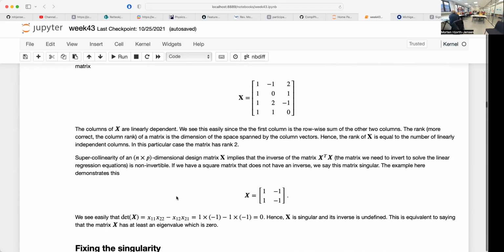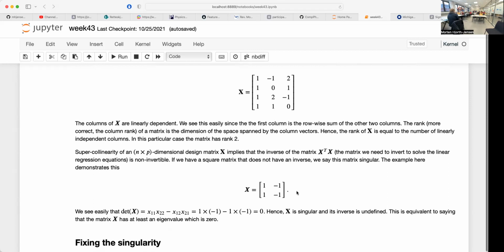If you now look at another matrix, you could add a parameter epsilon, and you would then find that the determinant is non-zero. But this specific case has a determinant which is exactly equal to 0. So the matrix looks innocuous, but it is actually a singular matrix.